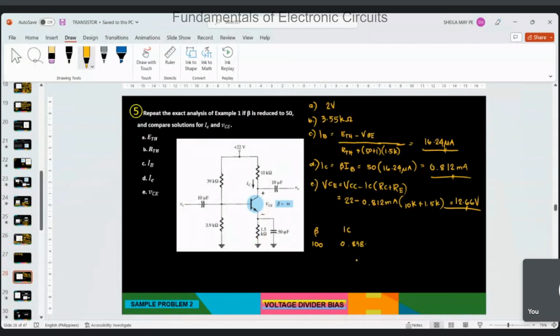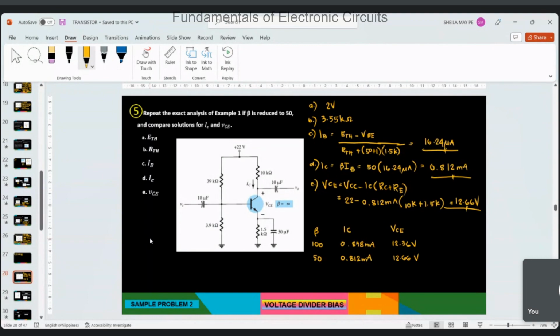Now, when the beta is reduced to half, IC is 0.812 milliamperes and VCE is 12.66 volts.